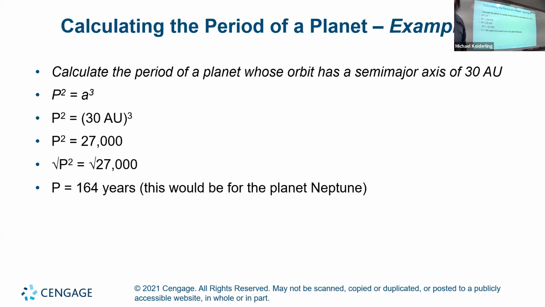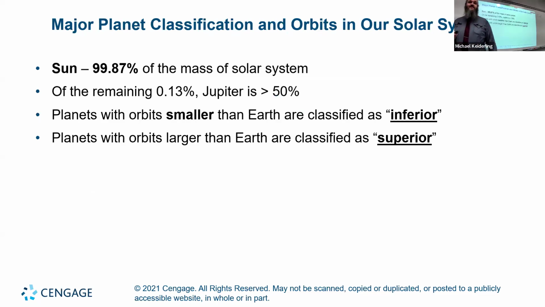And that's how long it takes Neptune to orbit. So you can do this for any planet. If you know the semi-major axis, you can find the time it takes to orbit, and the opposite is also true. If you know the time it takes to orbit, you can figure out the semi-major axis.